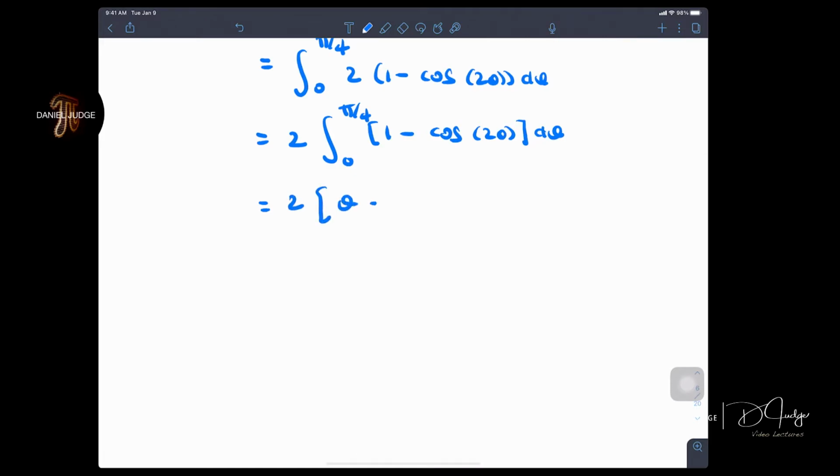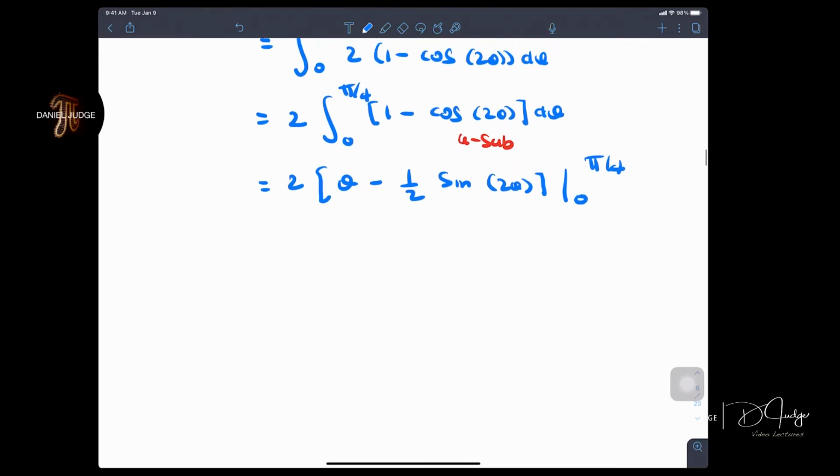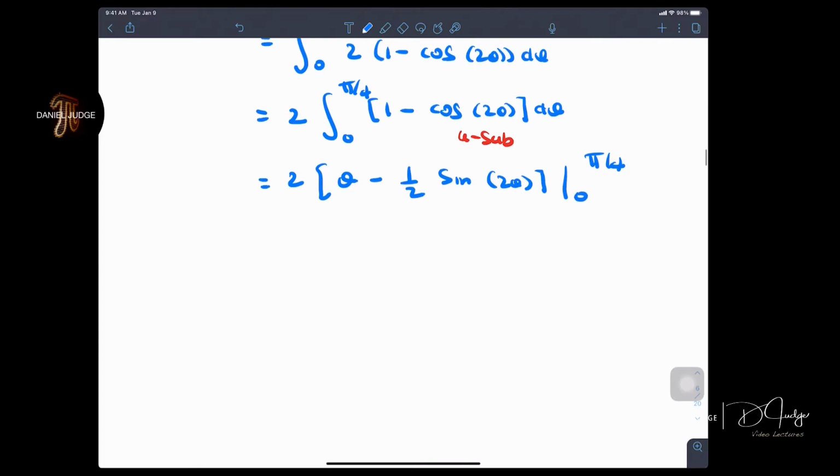So integrate theta, and this will be a u-sub: one half sine 2 theta, from 0 to pi over 4. Okay, let's double check to make sure we're doing everything okay.